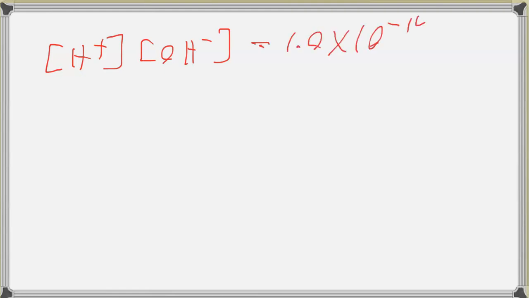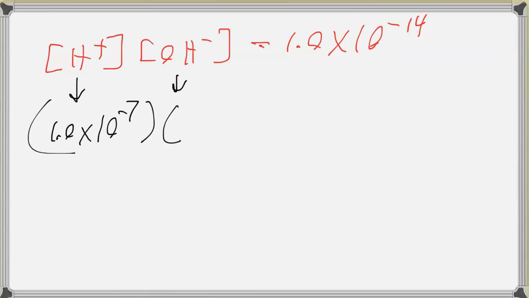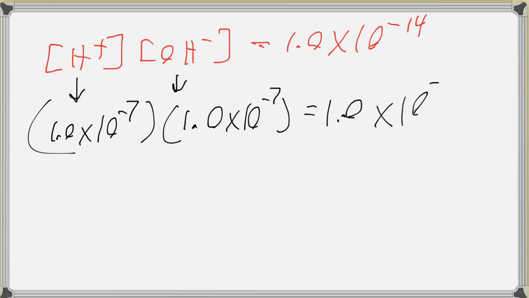I know the concentration of H+ times the concentration of OH minus has to equal 1.0 times 10 to the minus 14th. Well, the concentration of H+ and the concentration of OH minus then have to each equal 1.0 times 10 to the minus 7th, right? Because 1.0 times 10 to the minus 7th multiplied by 1.0 times 10 to the minus 7th equals 1.0 times 10 to the minus 14th.